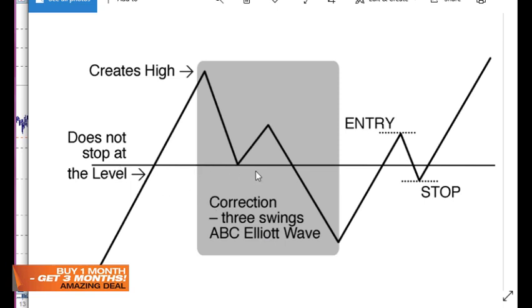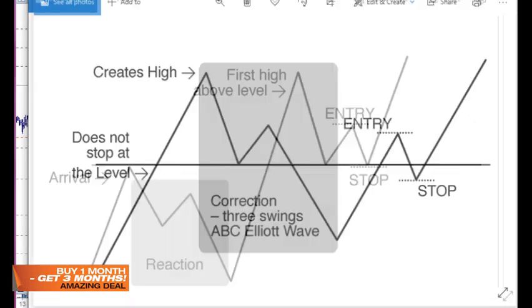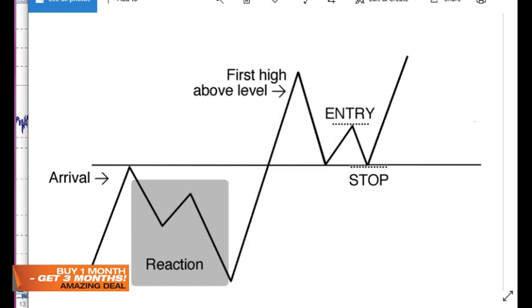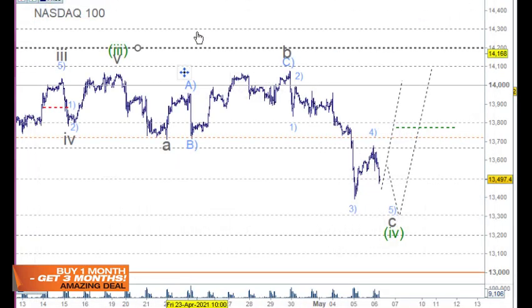The price could do one of these 3 things, or just go straight through and never come back, or hit the level and never come back. But if it's going to spend a bit of time there, it's going to be doing one of these 3 things. Understanding this really helps support not only the Elliott, but also your trading systems and your entries and stops. So I'm going to leave it at that.